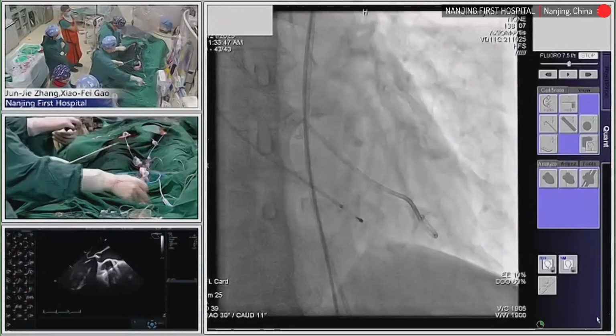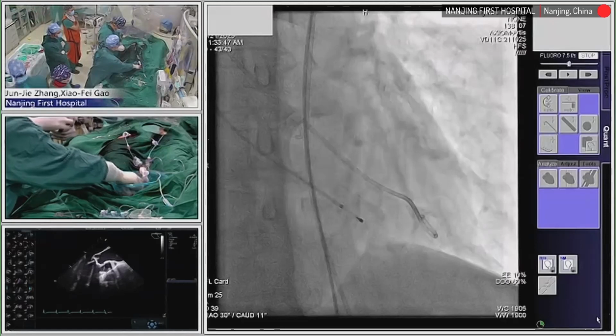So now I change to a new wire and then shape the wire tip, considering the very small RV dimension.